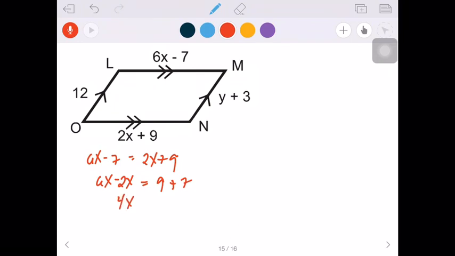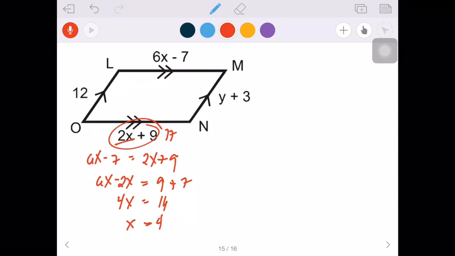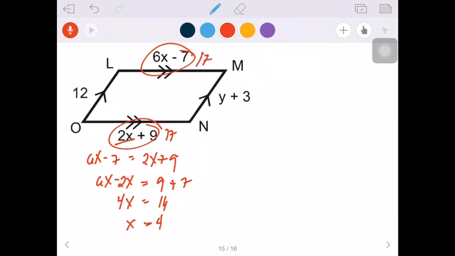So 4x equals 16, and x is equal to 4. Therefore, the measure of 2x plus 9 is 2 times 4, 8, plus 9 is 17 units. What about 6x minus 7? 6 times 4, 24, minus 7 is also 17 units. Which is not surprising because they are opposite sides, and they should be congruent.